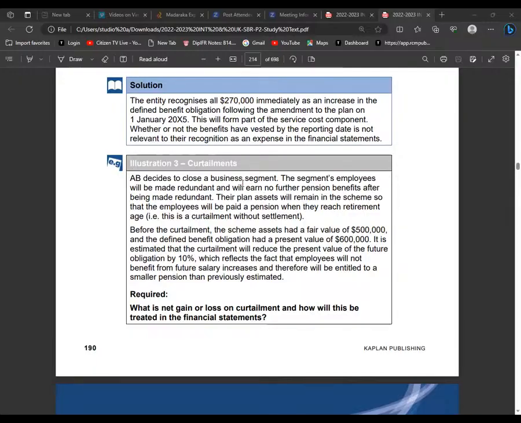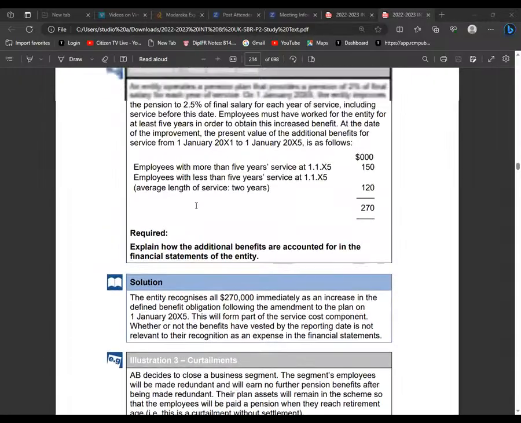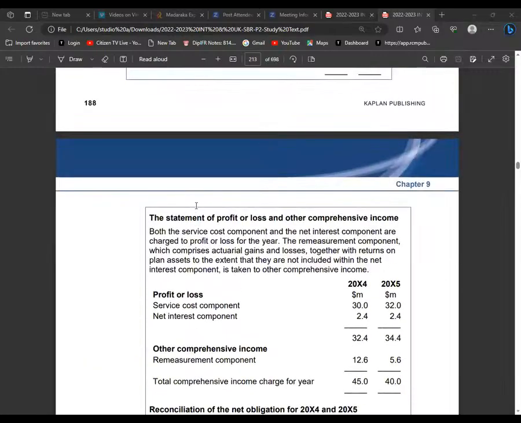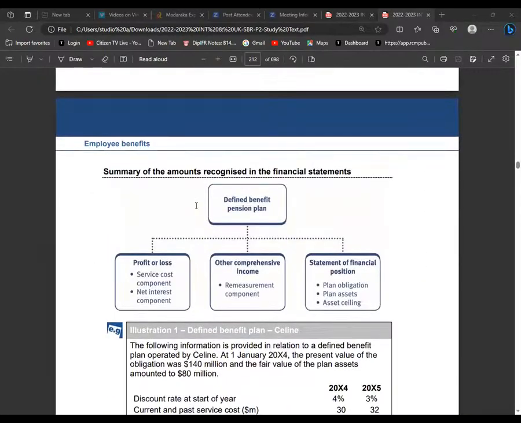Look at this illustration here. This is a summary of the amounts recognized in the financial statements.